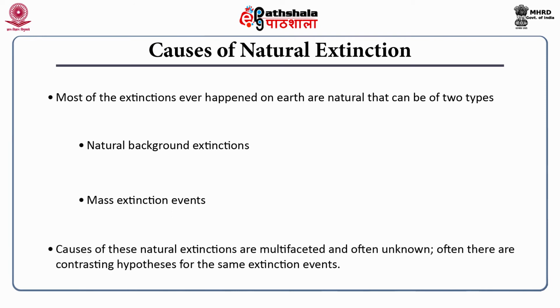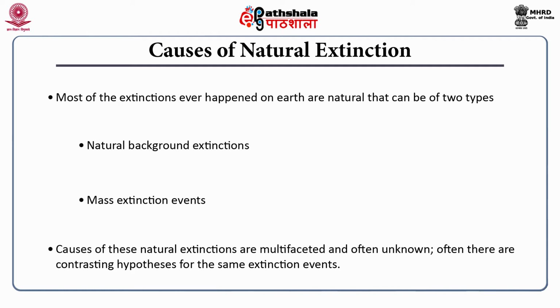Causes of these natural background extinctions are multifaceted and often unknown. It is analogous to a forensic expert looking at the cause of death of a dead person during a post-mortem, where we can only reason with a certain probability for the possible reasons.